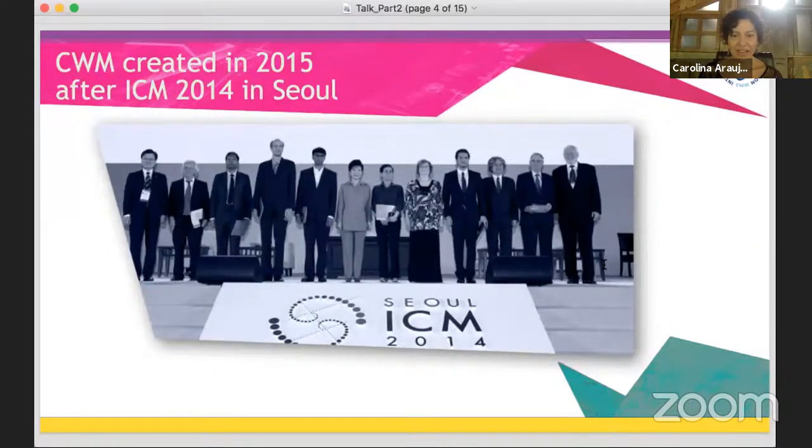This is a very impressive picture of the opening ceremony of the ICM 2014 in Seoul. We see at the center of the picture three wonderful and powerful women: the ex-president of South Korea, Maryam Mirzakhani, who was the first woman to receive the Fields Medal, and Ingrid Daubechies, who was the first female president of the IMU, the International Mathematical Union.